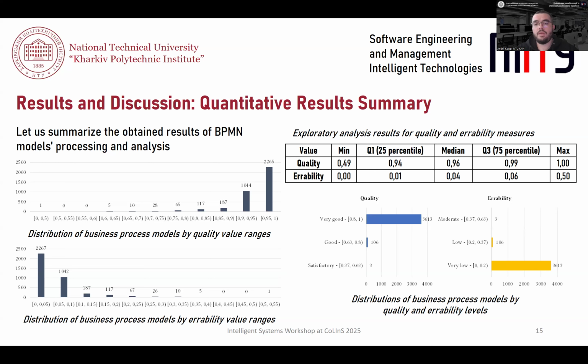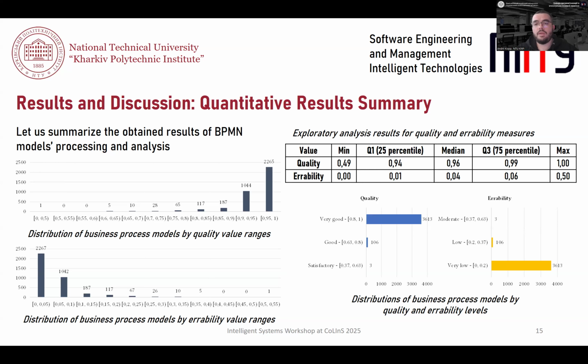For the quality, the median value is 0.96, and the other 25%, the upper Q3 75th percentile, is equal to or greater than 0.99.